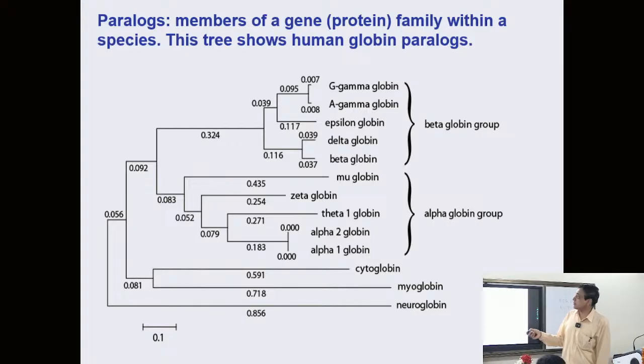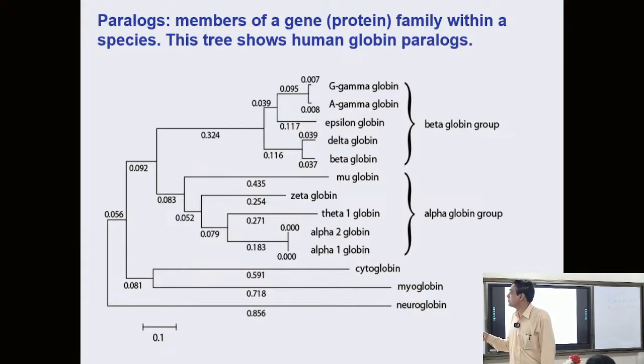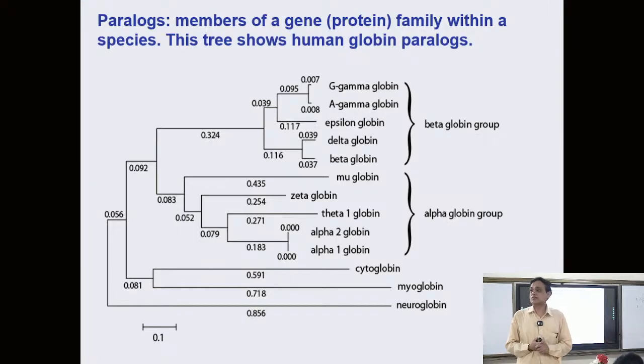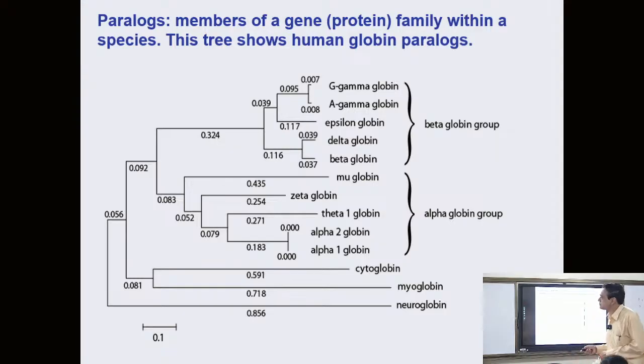And then paralogs: globins in the human genome. Alpha globin, beta globin, cytoglobin, myoglobin, and neuroglobin in the human genome originated due to duplication, and then they diverged and have acquired different functions or related functions. They are related to each other because of duplication.